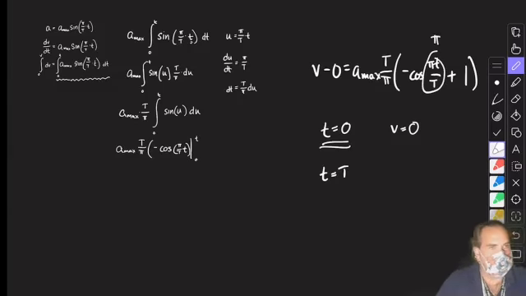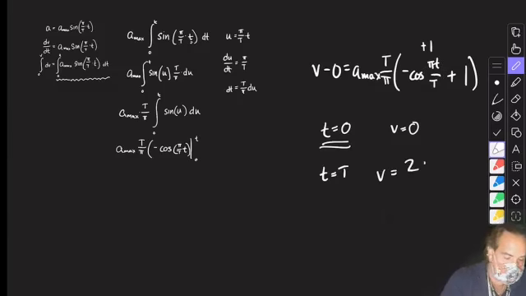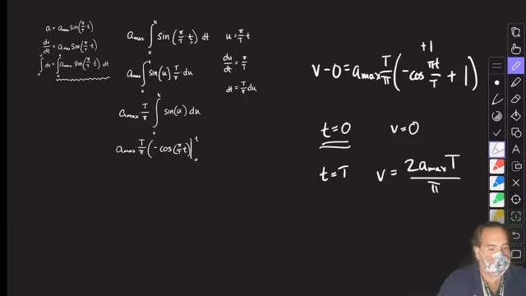What's the cosine of pi? Negative 1. So negative 1 times a negative will turn all of this into positive 1, plus another 1 makes it 2. So v here becomes 2a max t over pi. I just put in the two extremes, because after capital T, the acceleration is 0.